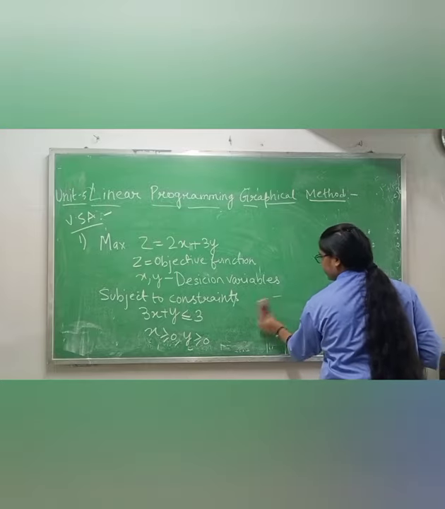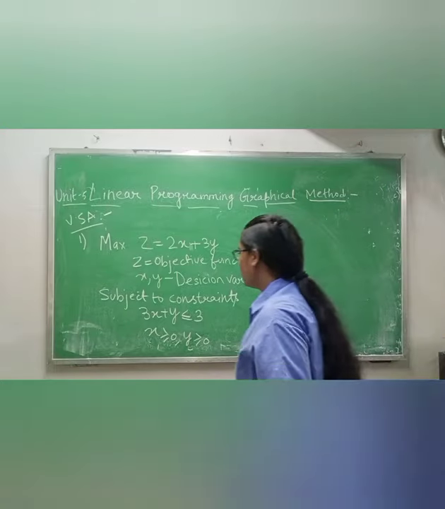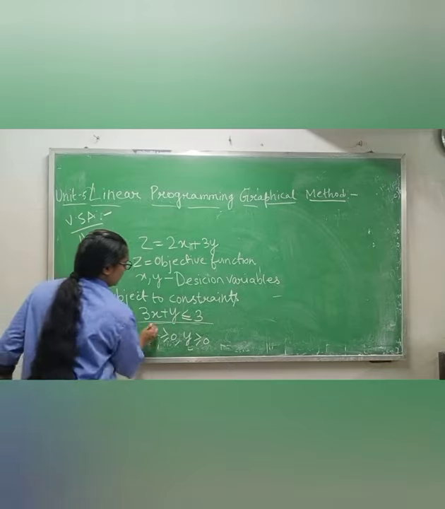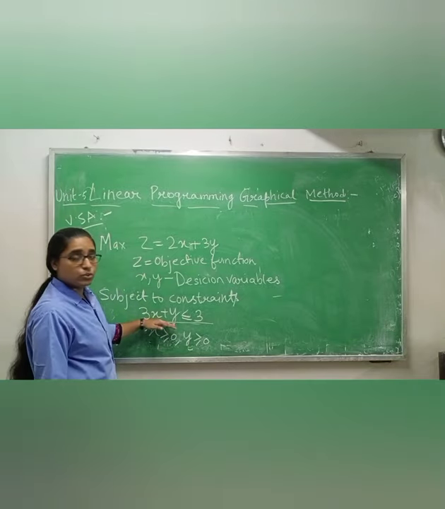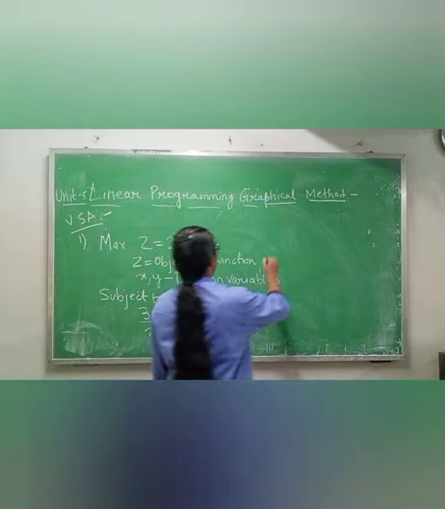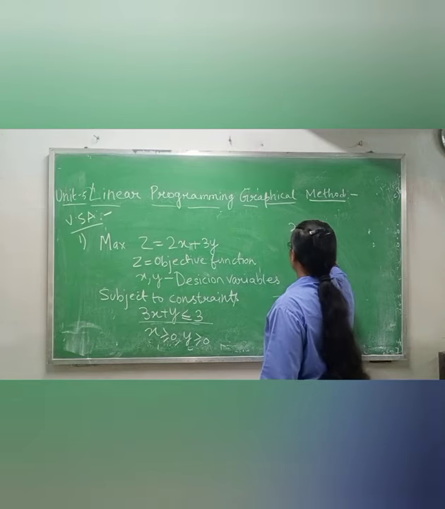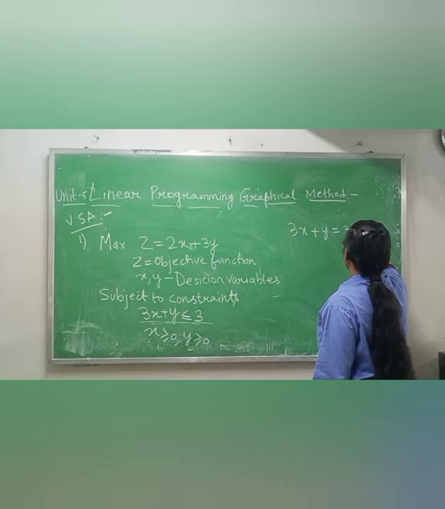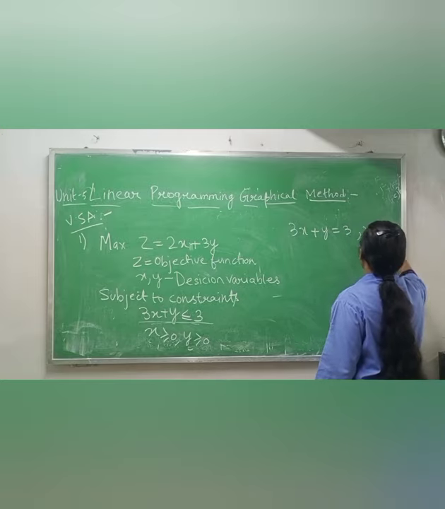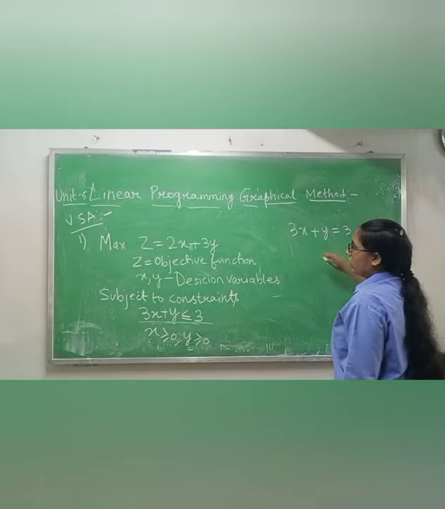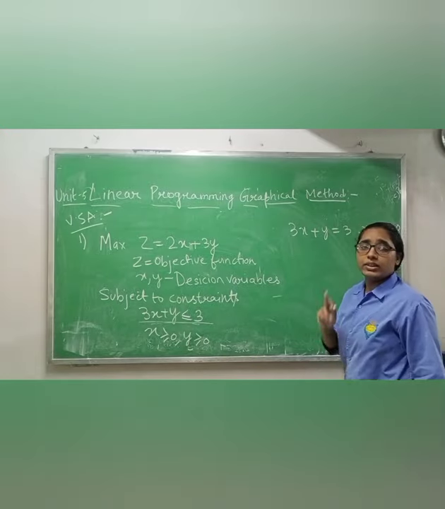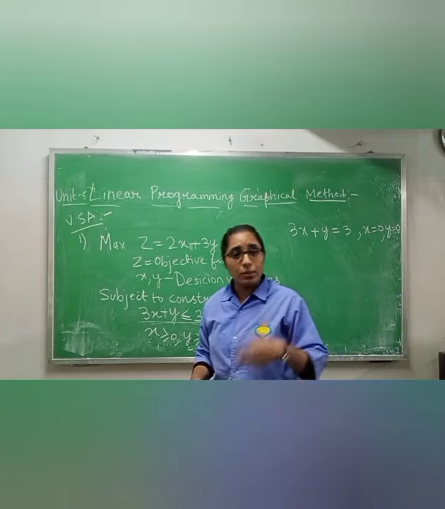Now how will you do this question? First of all you will change this into 3x plus y equals 3, then x equals 0 and y equals 0. These are all known as auxiliary equations. Why? Because we are supposing.